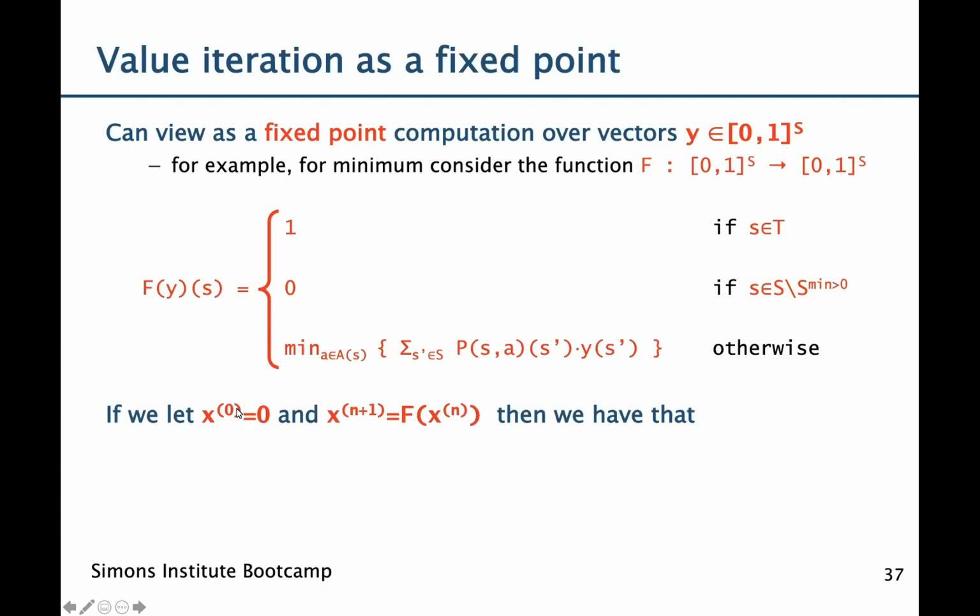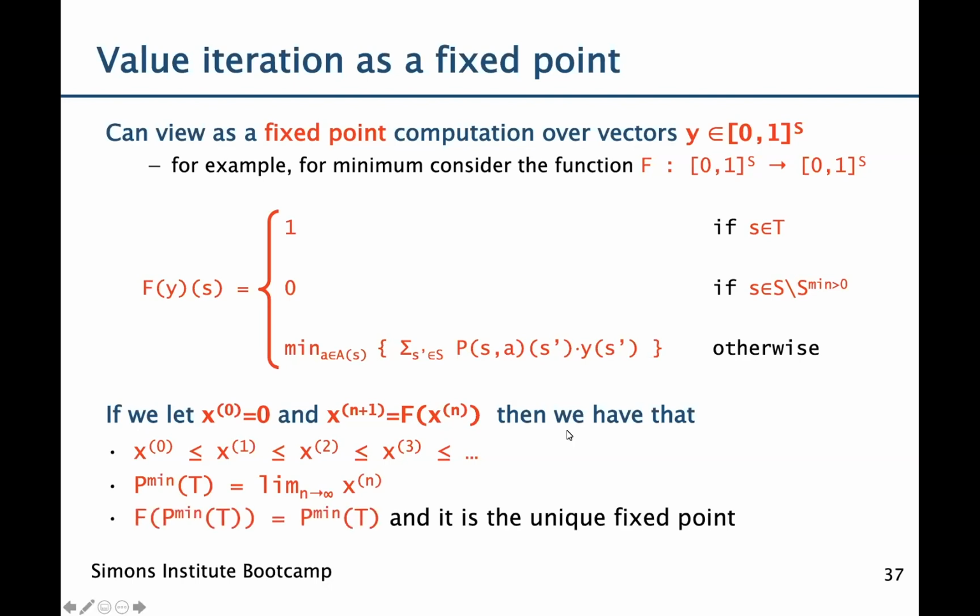Now, if we let x 0 be the vector of all zeros, and the n+1 vector be given by this function applied to the nth vector, then we end up with a pointwise increasing sequence of vectors, and they converge to the minimum probability of reaching the target.